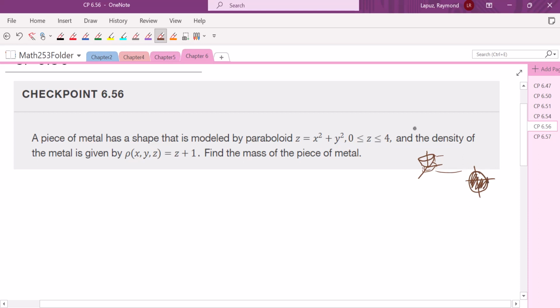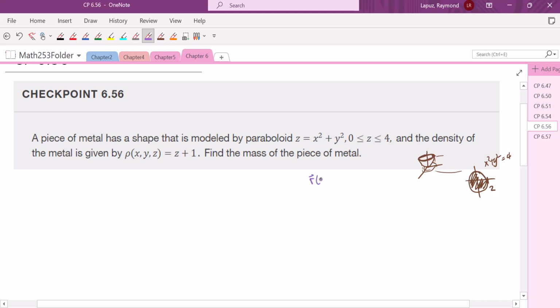So this is x squared plus y squared. When z is equal to 4, that's the top part right here, and so this will have a radius of 2.